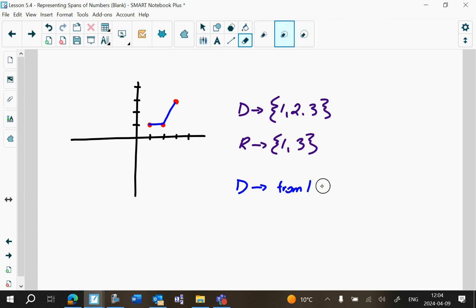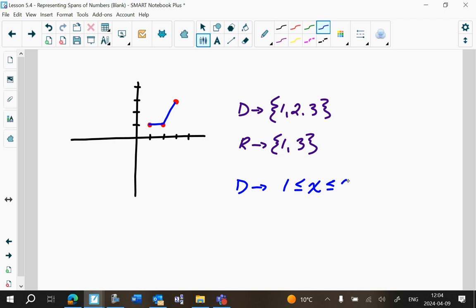Well, there's two ways you could write it. So 1, good, that's one way. Because it's everything from 1 to 3 and including the ends.